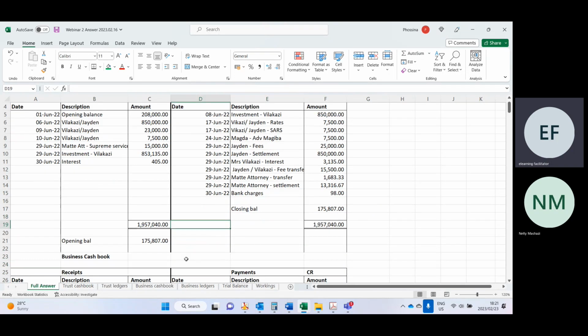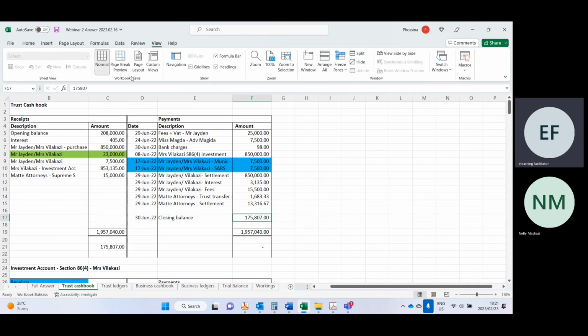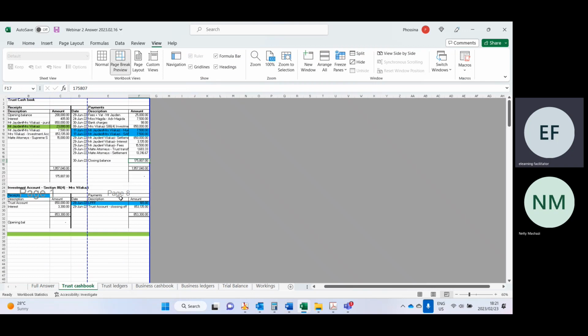For your submission, say you have answered like this and it's a lot of pages. What you do is click on View, then Page Break Preview. It will show you where your page is going to cut. You go to the line where it is going to cut and drag it to the end.